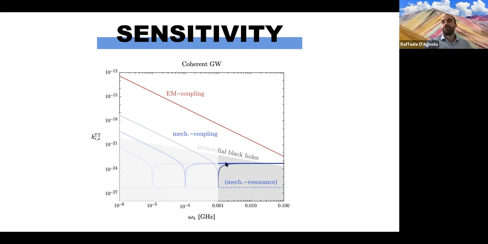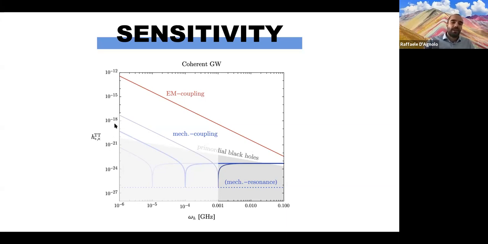And in blue, I'm showing you what you can do with mechanical resonances. You should ignore the mechanical part below a megahertz. It's going to get a bit worse, and I can explain to you why if you're interested. But again, the main point of this plot is that there is some interesting sensitivity, mostly above a megahertz, which is close to this benchmark from primordial black holes that we took from the previous review in the workshop.